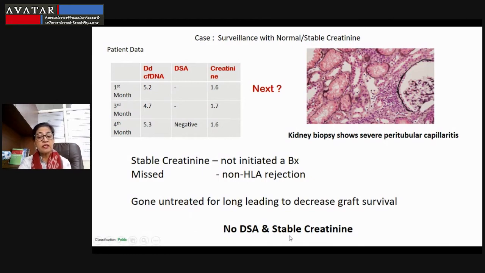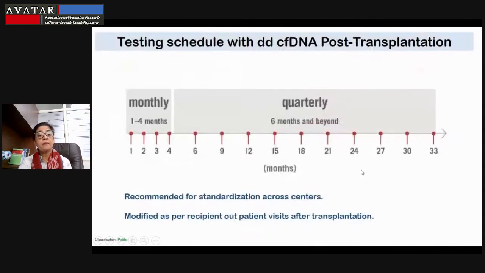So, no DSA, a stable creatinine, and yet the peritubular capillary infiltration, which was seen on the kidney biopsy, was the only finding when it was finally detected.